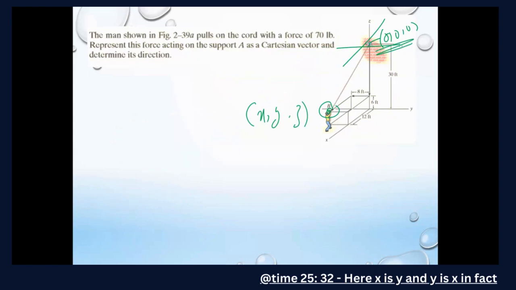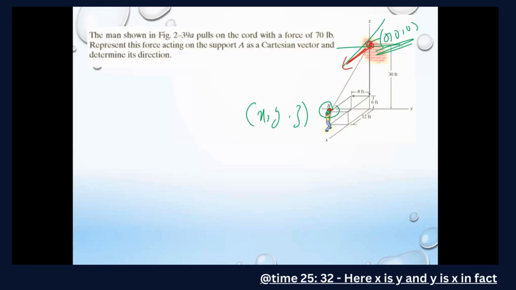In order to reach point B from the origin, how many X units do I need to walk? I'll use red color, for example. If I am standing here at the origin and I need to reach here in the X direction, how many units do I need to walk? The X direction is this one, right? This is the X direction.